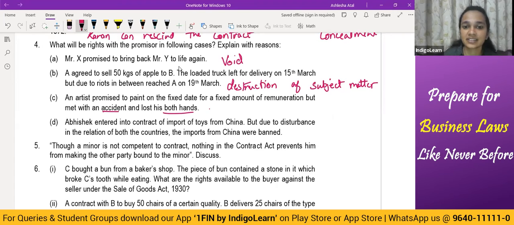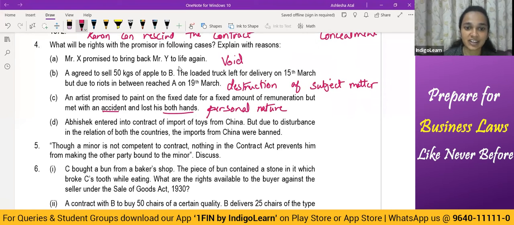So again, this is a contract of personal nature. So we'll use the provisions with regard to contract of personal nature to answer this particular question. A very simple one. These types of examples are already a part of examples which we discussed when we were doing the course. Moving on to the next one.